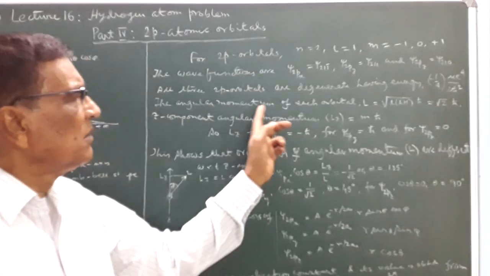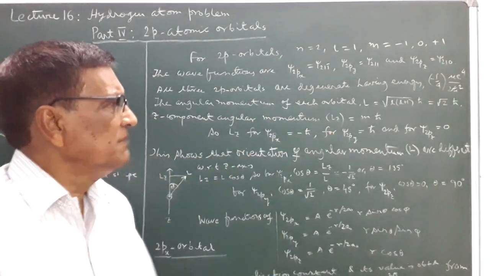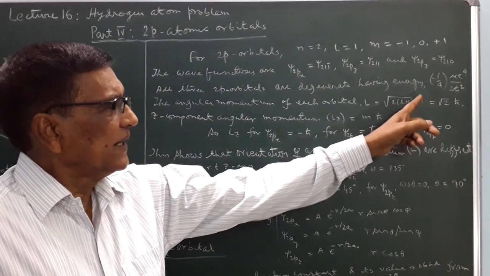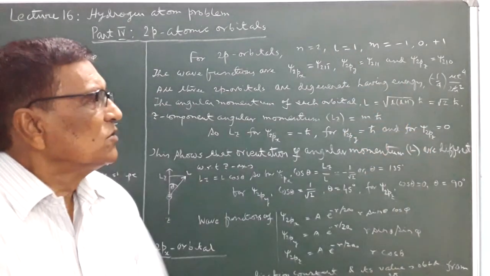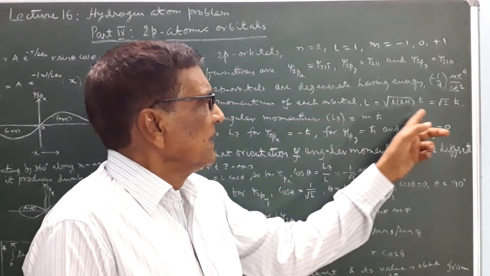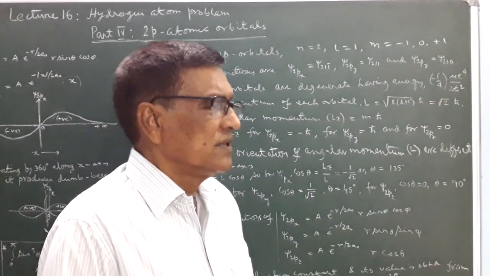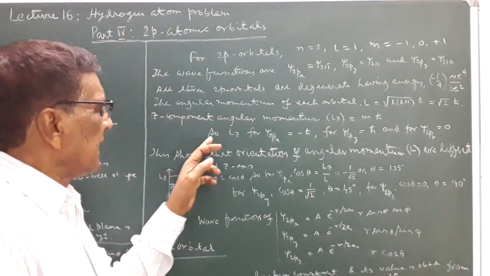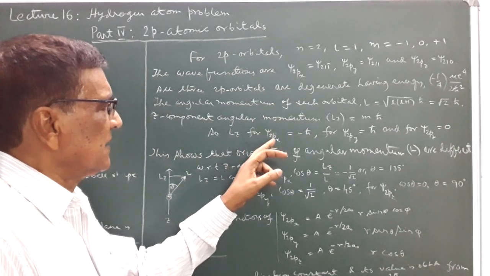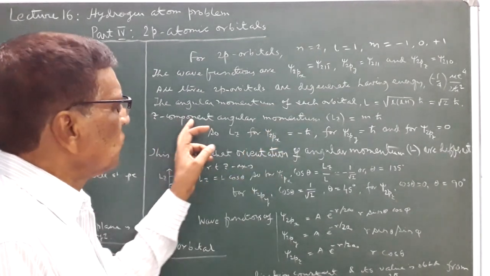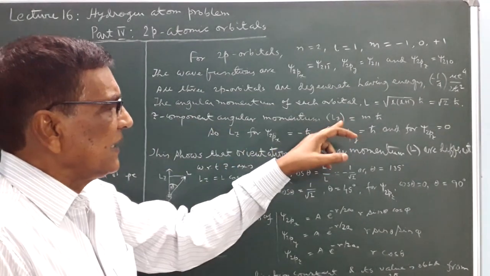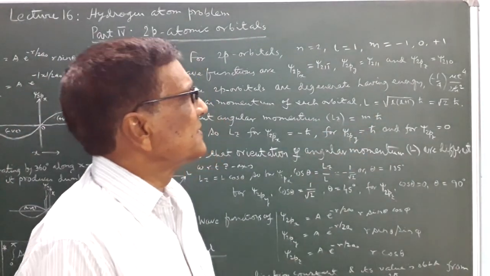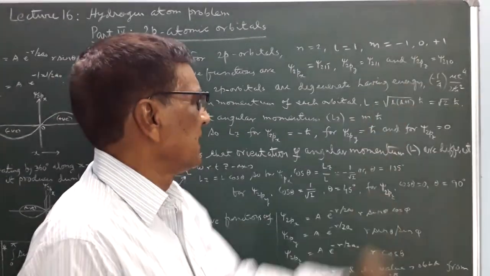The angular momentum of each orbital is also the same: L equals root over l into l plus 1 times h cross, and l equals 1 here. So this angular momentum equals root 2 h cross. It is the same for all three p orbitals. But the z component of angular momentum is equal to m h cross, and m is different for different orbitals.